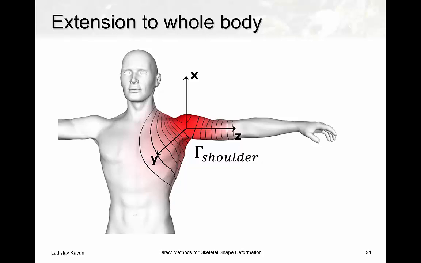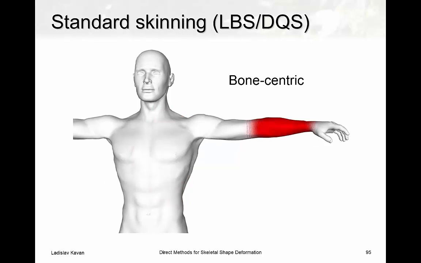If you think about it, it's a generalization of the standard skinning idea, where in standard bone-centric skinning, linear blend skinning and dual quaternion skinning would be examples of the classical bone-centric skinning. There, the weights were associated with bones.